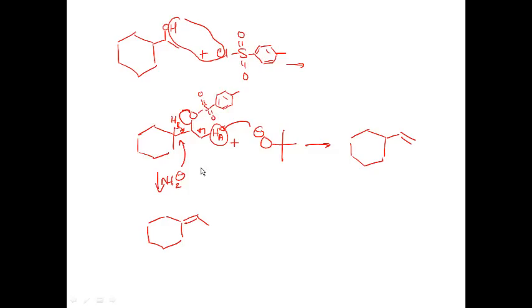But if you want to form the least substituted double bond, then you have no choice but to convert the OH to tosylate. Then you can do your E2 reaction.